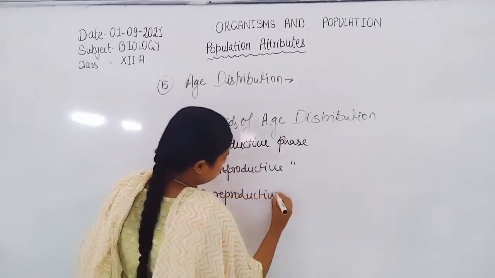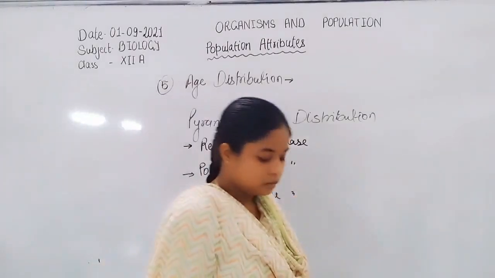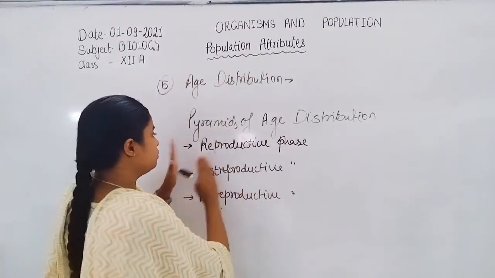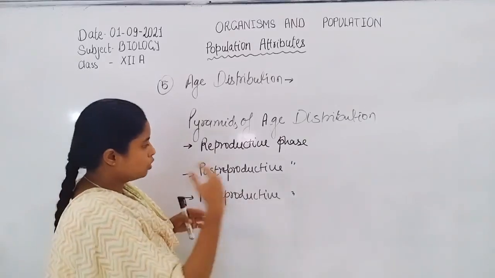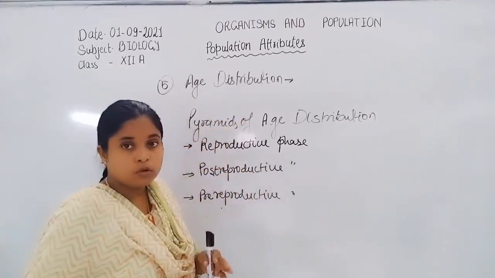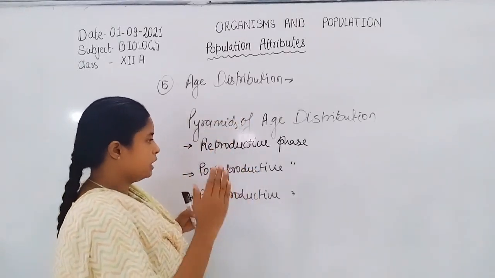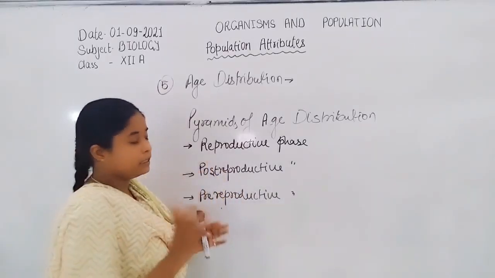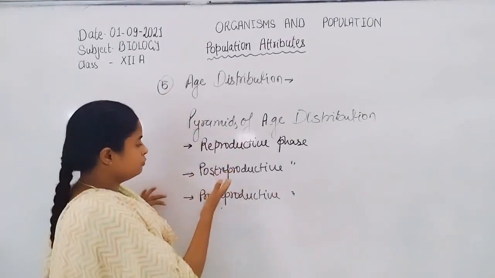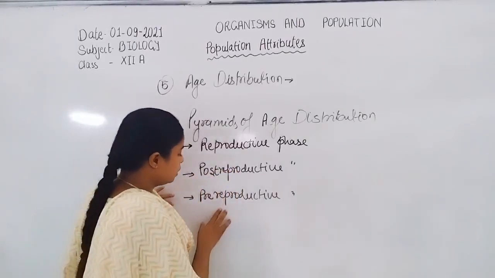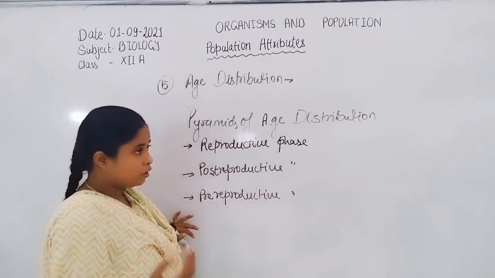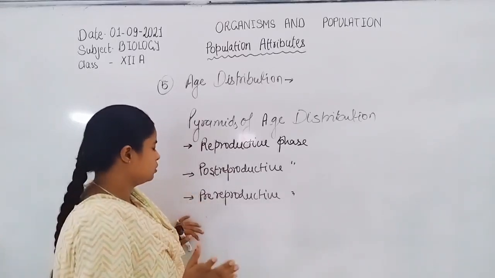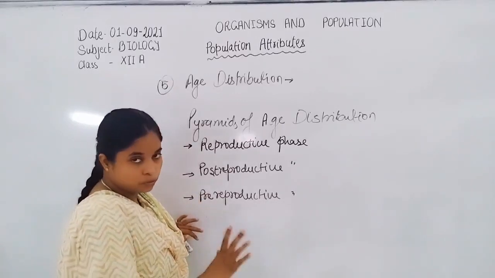Those who can reproduce are in the reproductive phase; those who have crossed the reproductive phase, in old age, are in the post-reproductive phase; and children or smaller individuals are in the pre-reproductive phase.